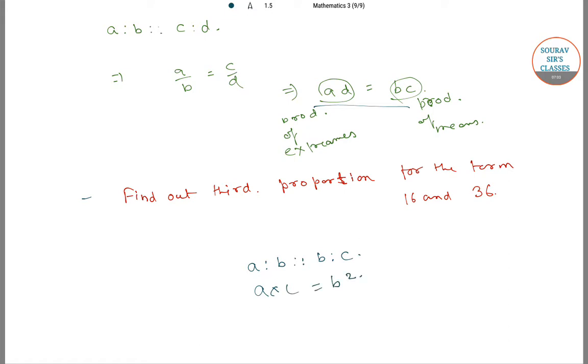Here A is equal to 16 and B is equal to 36. So we will get C is equal to 36 into 36 divided by 16, which is equal to 81. So the third proportion of 16 and 36 is 81.